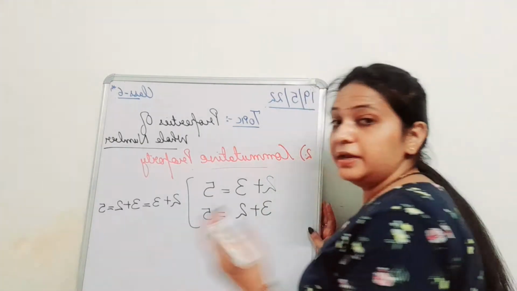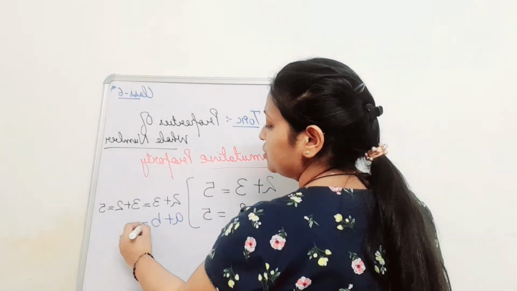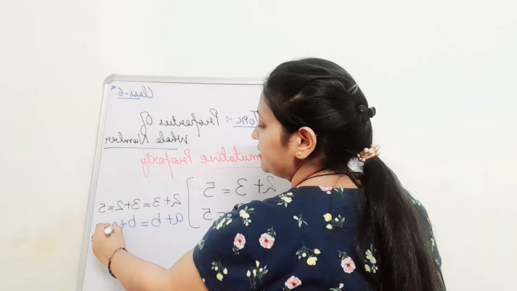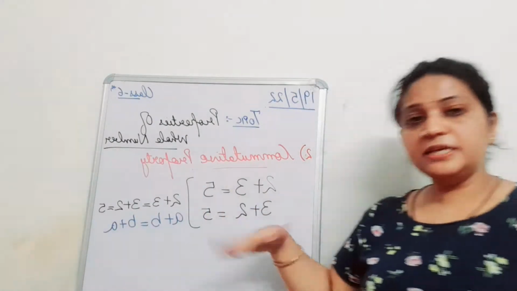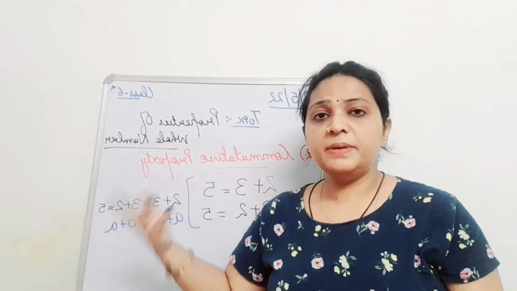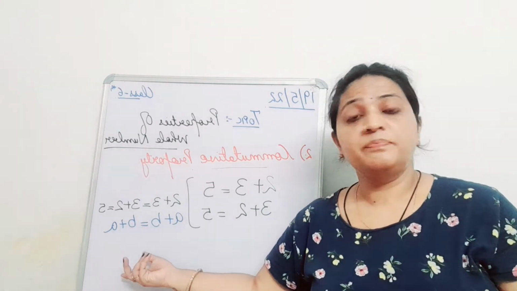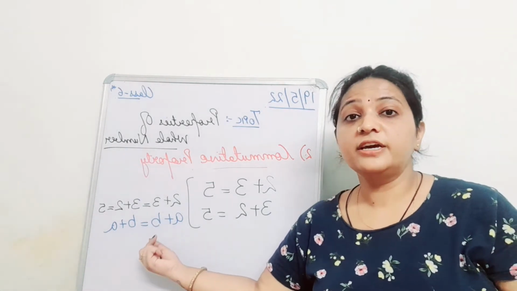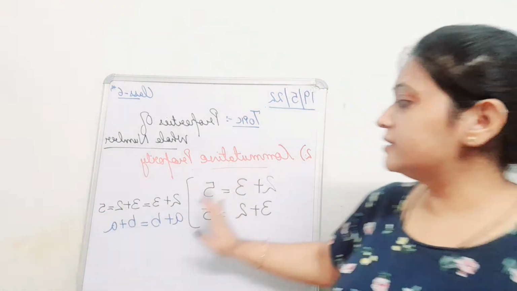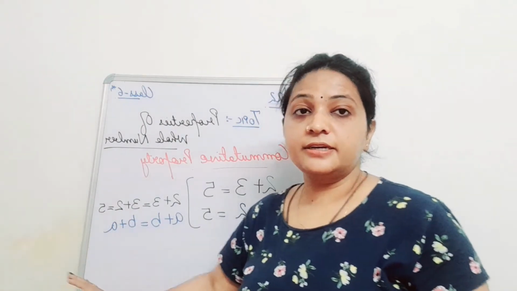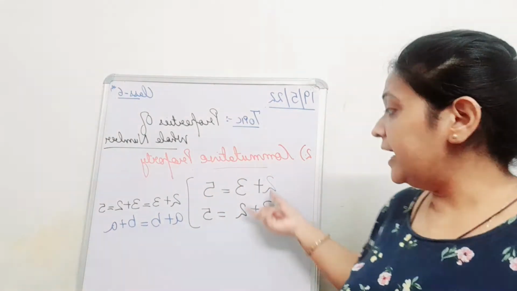Or in general language, we can say that A plus B is equal to B plus A. Whatever the answer is in both conditions, it will be the same. If we interchange their order, it doesn't affect the result. So this is the commutative property under addition.